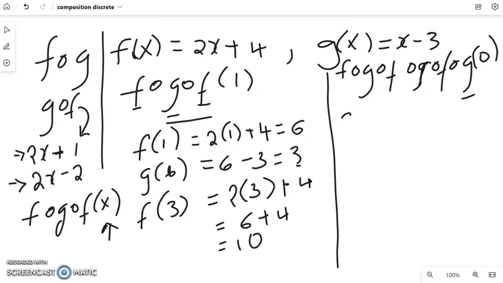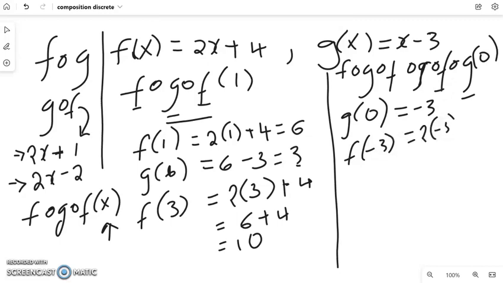We start with g having an input of 0, which will be equal to negative 3. Then we shall go to f with the input of negative 3, which will be equal to 2 times negative 3 plus 4, which will be equal to negative 6 plus 4, which will be equal to negative 2.